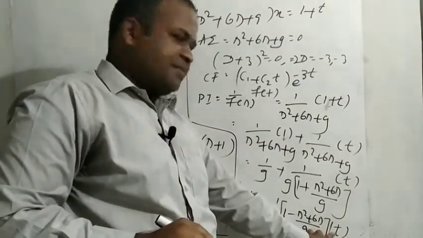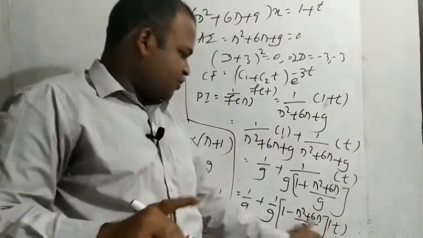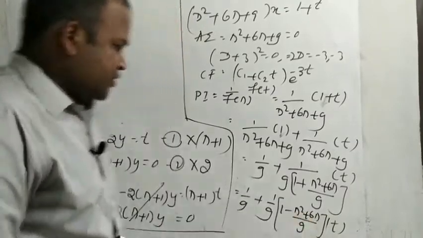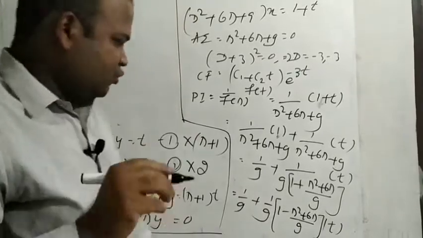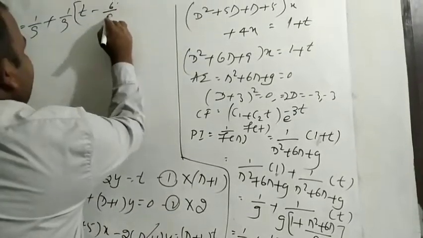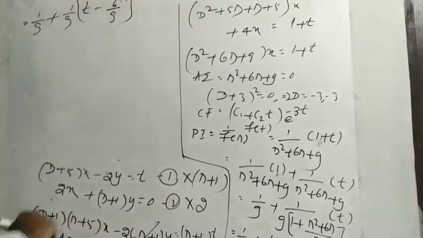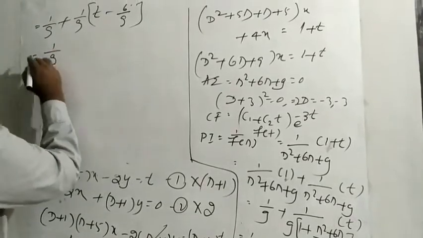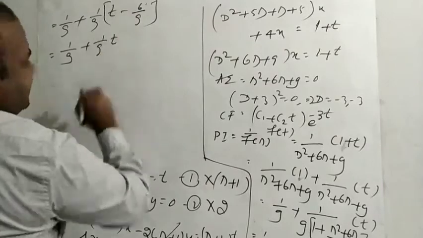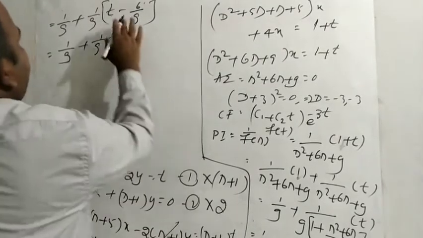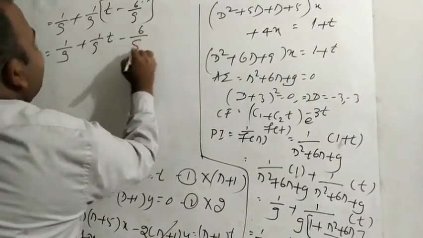The first derivative of t is 1, the second derivative is 0, so that becomes 0. So this is minus 6 times the derivative of t, which is 1, so 6 by 9. So this is 1 by 9 plus 1 by 9 t, and this is minus 6 by 81.